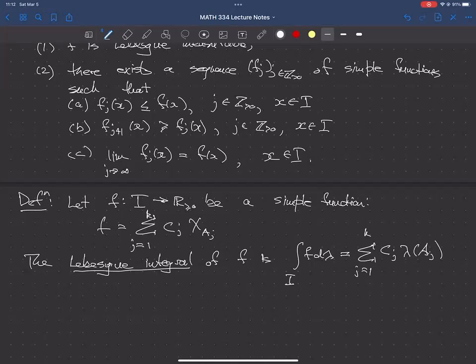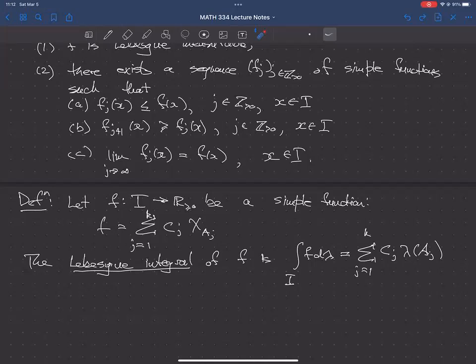And so the definition of the integral is kind of clear. On the set Aj, I take the value cj. Or let me say that differently, because I'm not necessarily assuming that these things are pairwise disjoint. The integral of this function, because it takes the value cj on the set Aj, should just be the value cj times the Lebesgue measure of Aj.